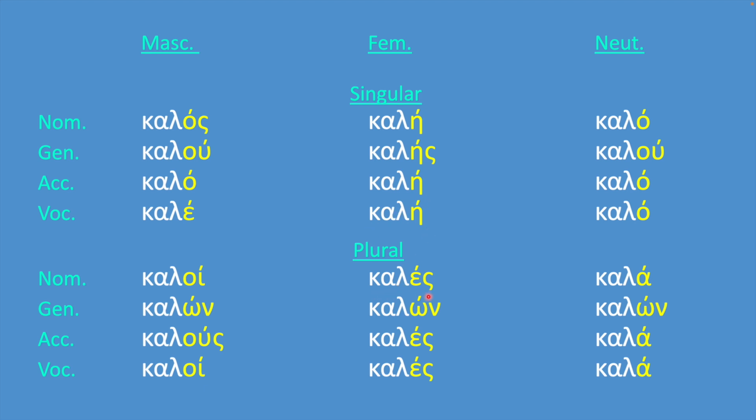Καλές, καλόν, καλές, καλές. It's declined like the noun αδελφή. And the neuter, καλό, καλού, καλό, καλό. Καλά, καλόν, καλά, καλά. It's declined just like the noun παγωτό.